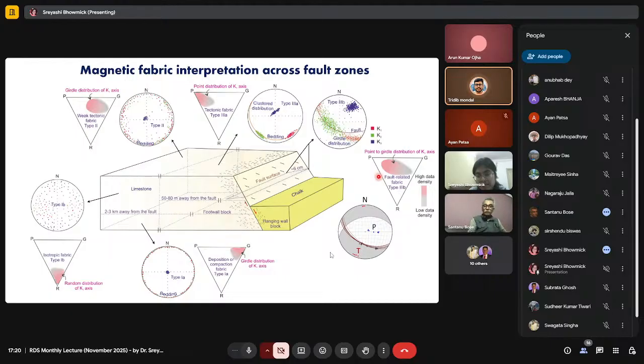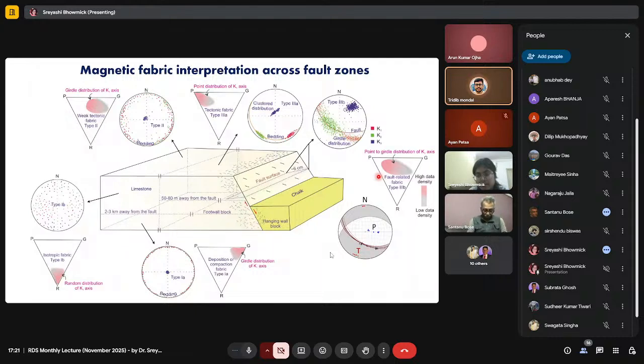So it's not that the four cores will give you the same data. Normally we take the 95% confidence level, right? So whatever data you are looking at here, look at the K3. This is the pole of K1, K2, right? So this is following a line. This K1 and K2, that means they are not deviated much.